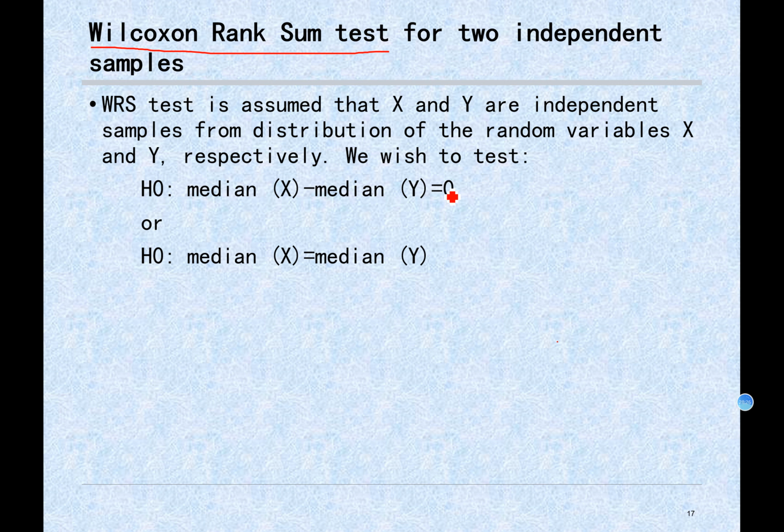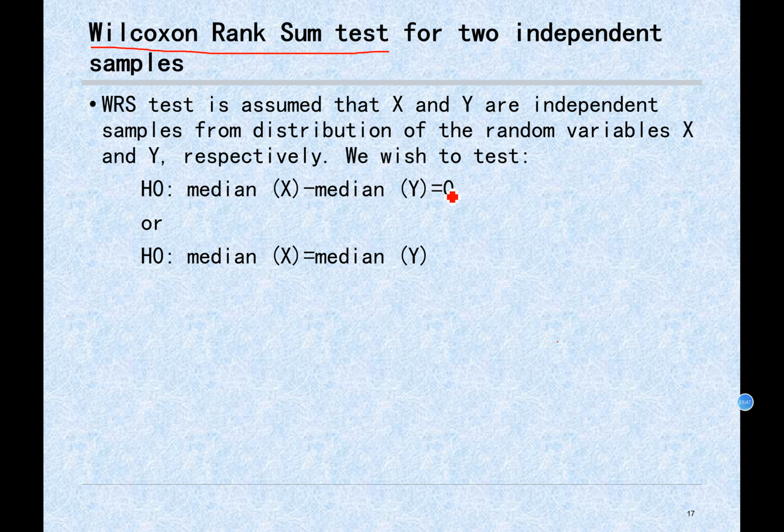Okay, so here, the WRS means Wilcoxon rank sum test. The WRS test assumes that X and Y are independent samples from distributions of the random variables X and Y, respectively.